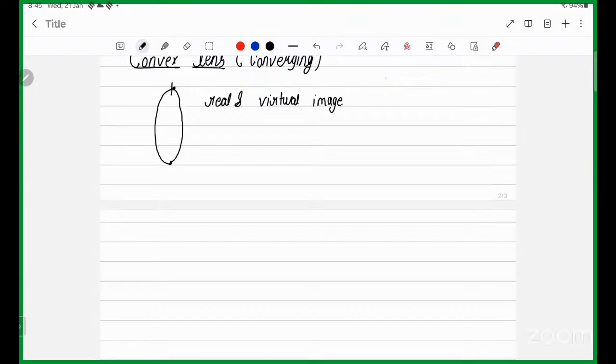Talking about concave, it is basically a diverging lens. So it looks like this.